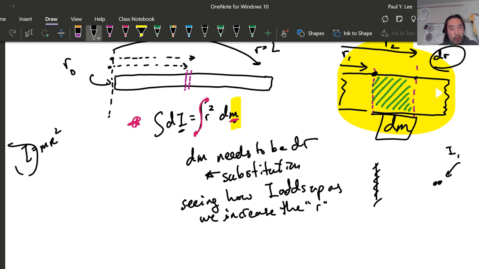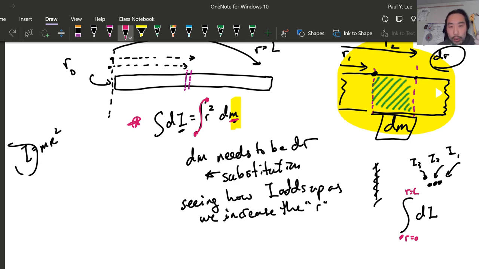If we put a point particle right next to it, this here has I2, and the point particle right there is I3. So the idea of this integral of dI is, hey, you take all of those point particles from the axis of rotation where r is equal to 0 all the way up here to r equals L, and that gives you the total inertia of this rod.